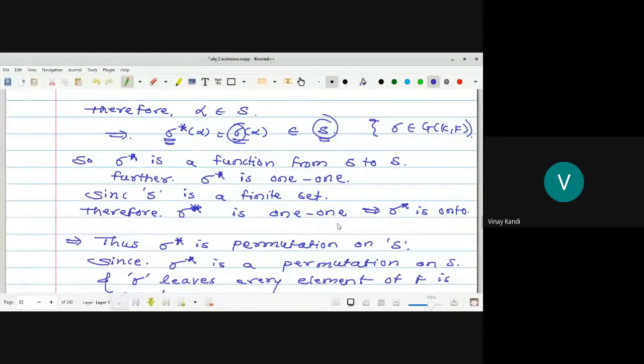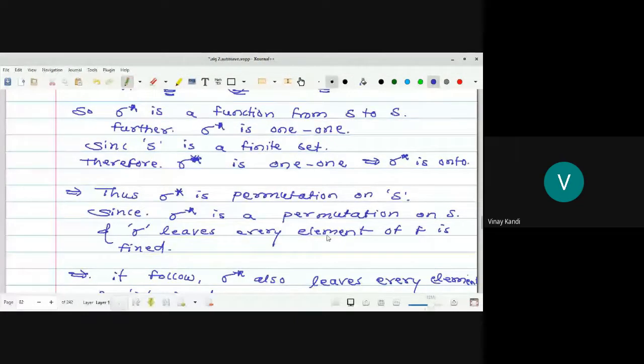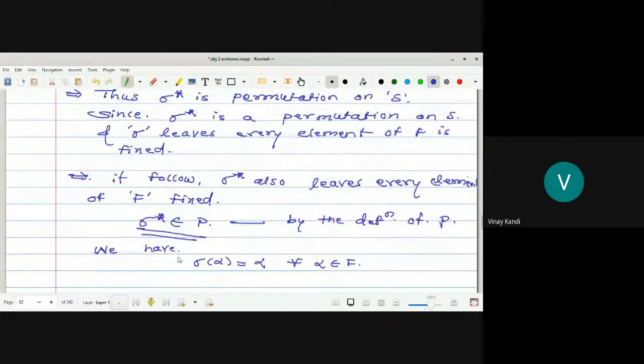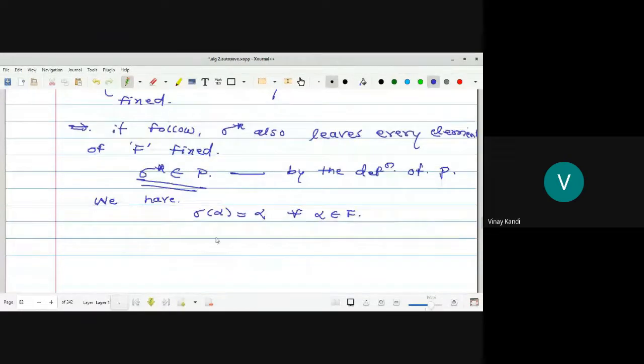A permutation on S which leaves every element of F fixed. Okay, so it follows that sigma star also leaves every element of F fixed. Now sigma star is one-one onto, that means it is a permutation. Hence sigma star belongs to P by the definition of P. And sigma of alpha is equal to alpha for all alpha belonging to F.